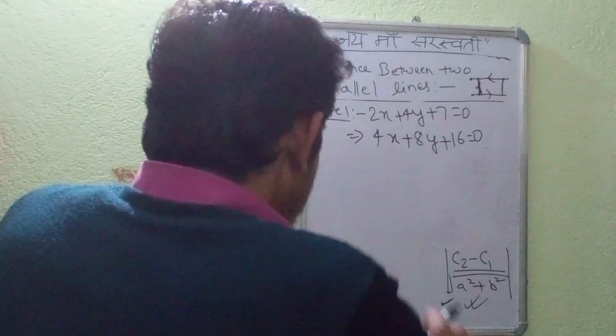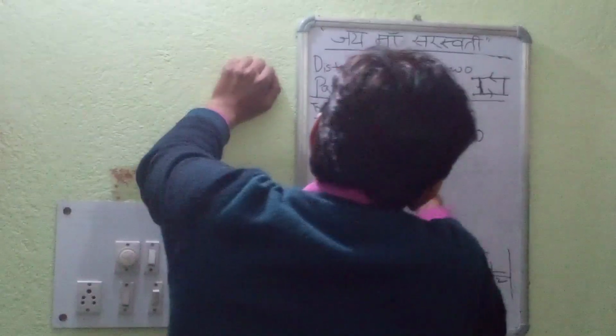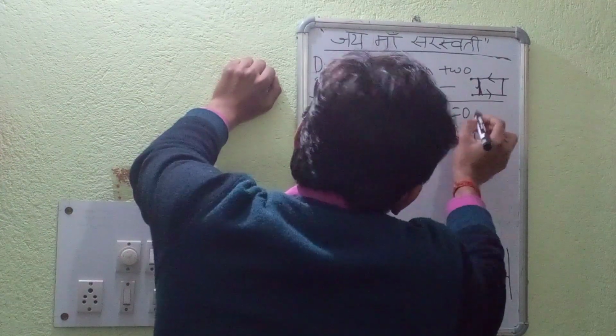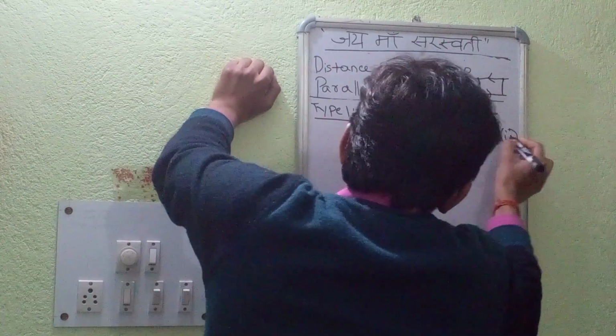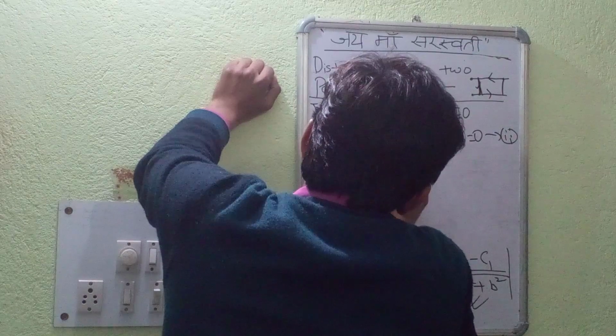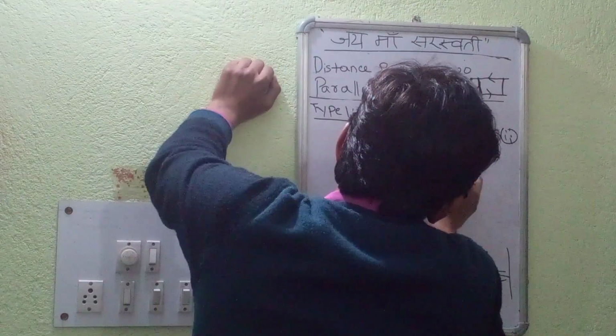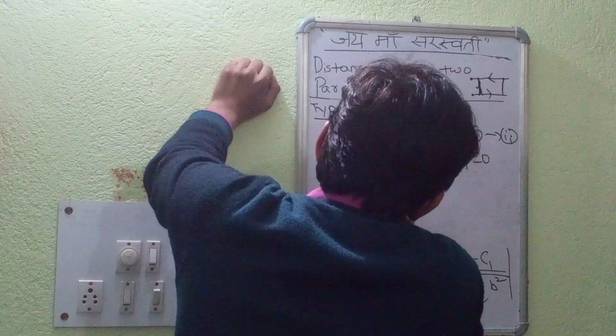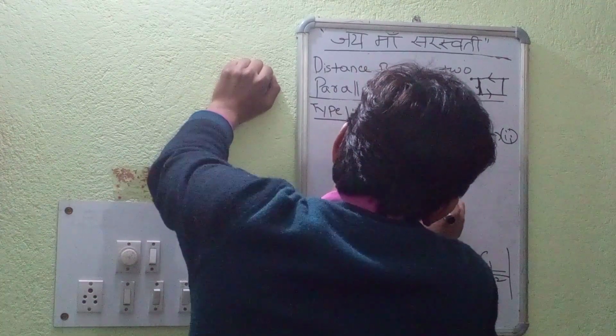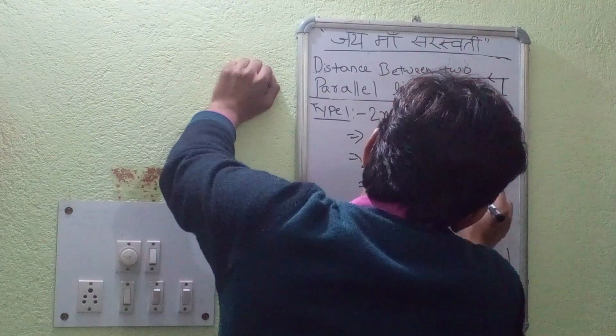We will start the question like this. We have 2x + 4y + 7 = 0. In the second equation we take 2 common, so it transforms into 2x + 4y + 8 = 0.